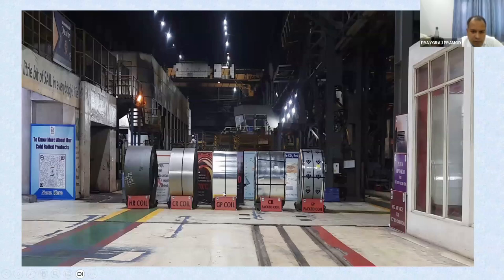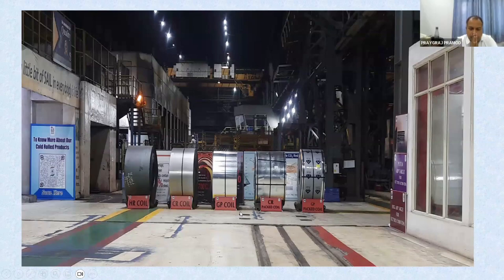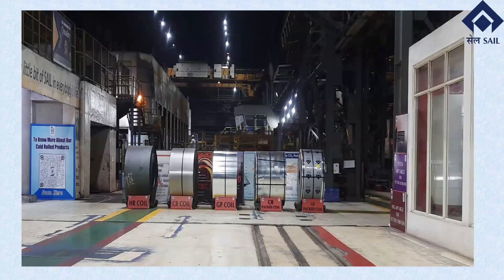But railway is not allowing us to give more than 1.5 times; we cannot load above 1.5 meter in railway wagons due to new guidelines. So for every 900 mm and 1000 mm coil, we have to part the coil.